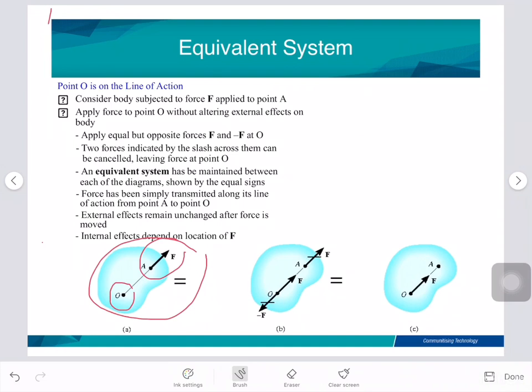This is equal to figure B. In figure B, we can apply equal forces in opposite directions at point O. So we have negative F at point O and positive F at point A, and we cancel those, so we just leave the force F at point O. So figure B is equal to figure C. It shows that force F has been transmitted along its line of action from point A to point O.